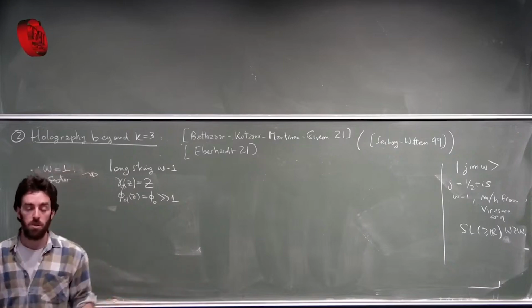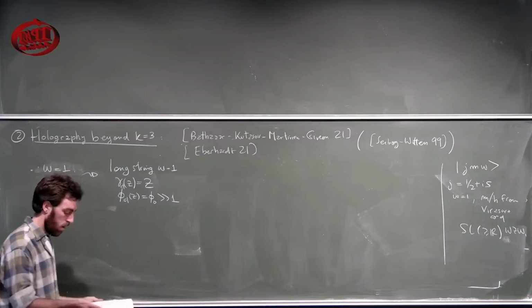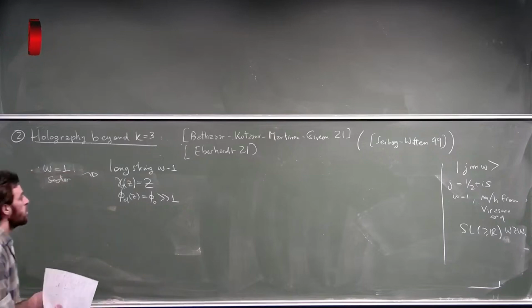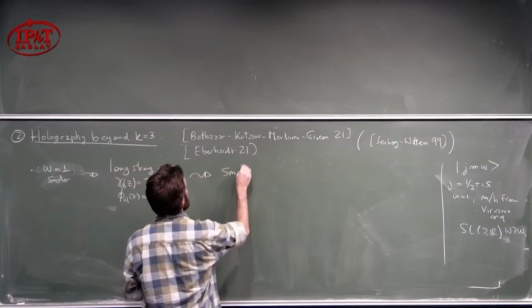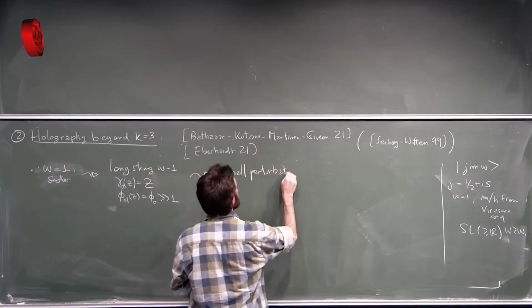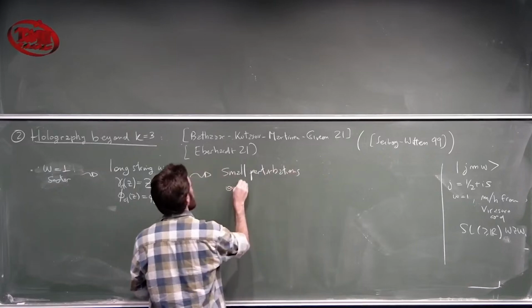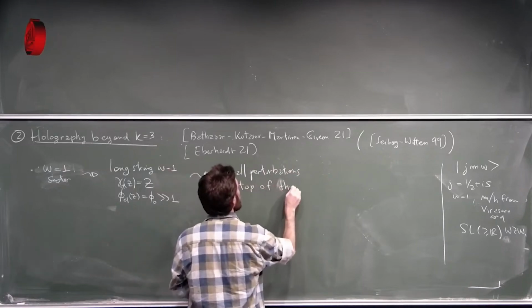Instead of small perturbations on top of the boundary, small perturbations on top of the long string solution, in this case omega equals 1, of this classical solution.